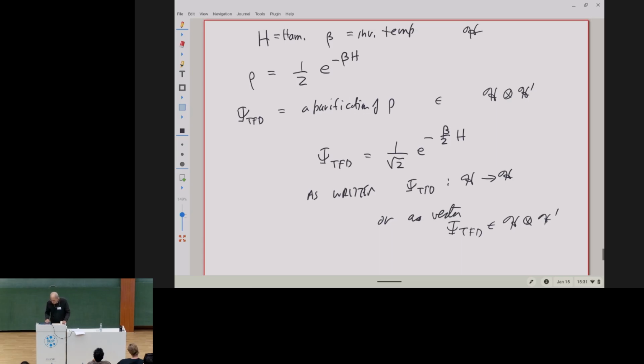So, as I said, if we have a thermal density matrix, rho is 1 over Z times e to the minus beta H. Its square root as a positive operator is 1 over the square root of Z times e to the minus beta H. But we can regard that as a vector in H tensor H prime.